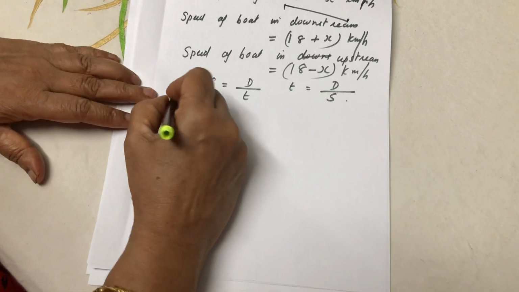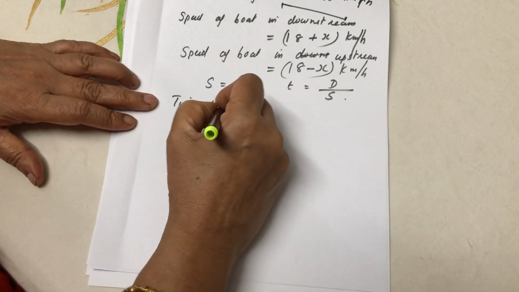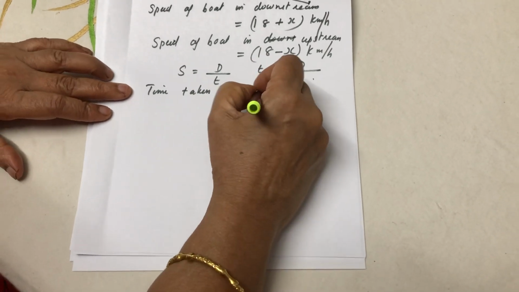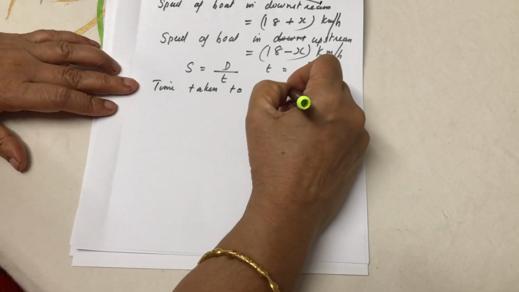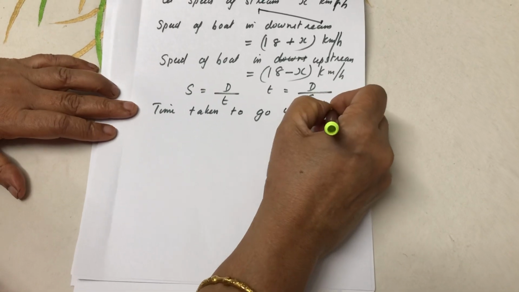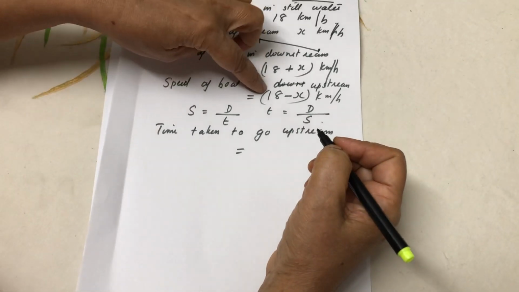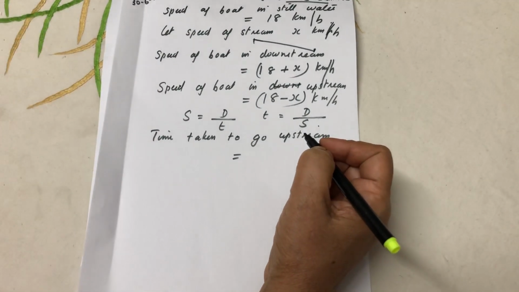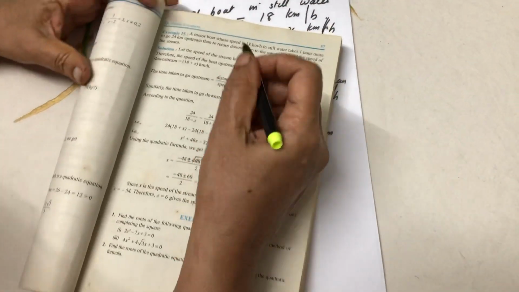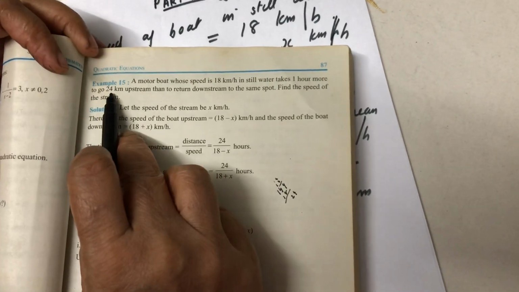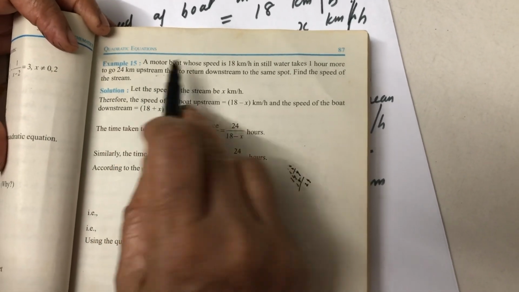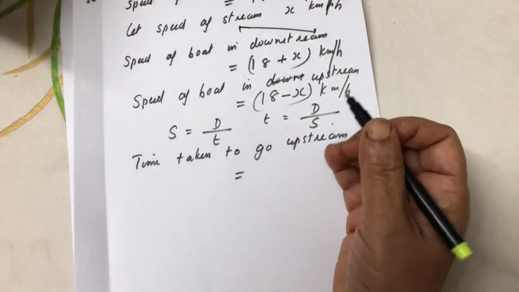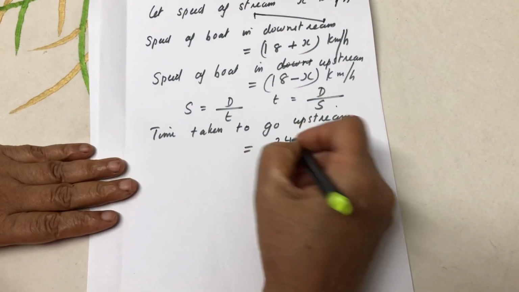So the time taken to go upstream: the speed is 18 minus x. The distance is given in this question, 24 km upstream, and the same way 24 km downstream. Therefore the distance travelled is 24.